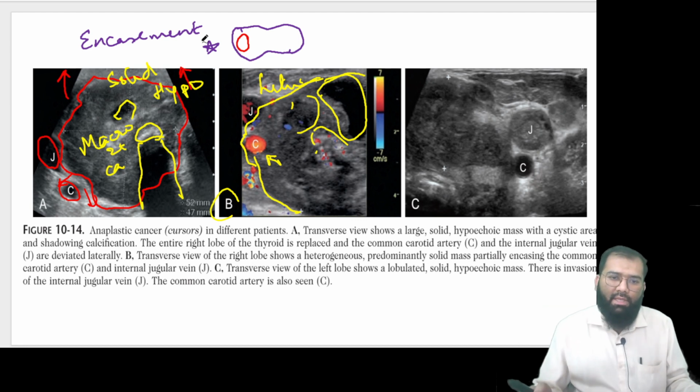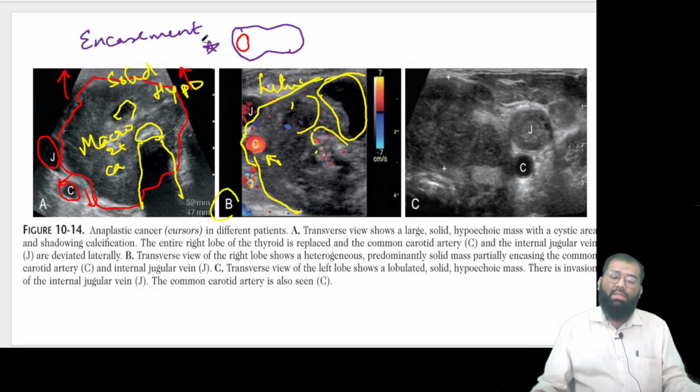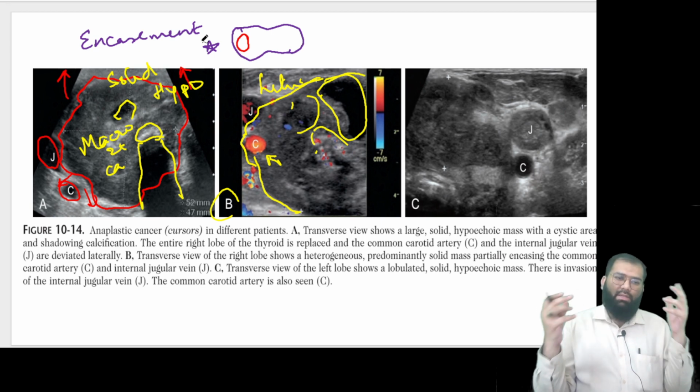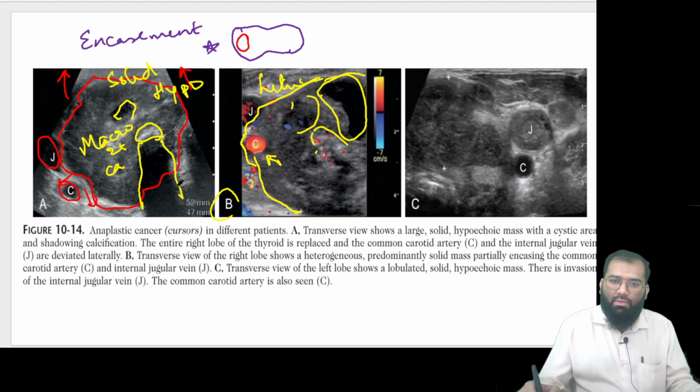Okay, always remember to look for encasement. That is also important when the surgery is planned, because they will have to dissect out the carotid if there is encasement. Okay, now there is of course macrocalcification within the lesion, and IJV is pushed, but the lesion is in contact with IJV also.